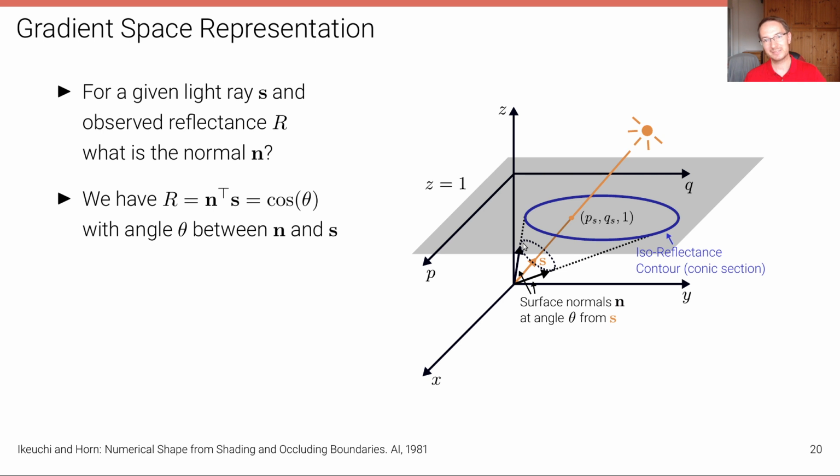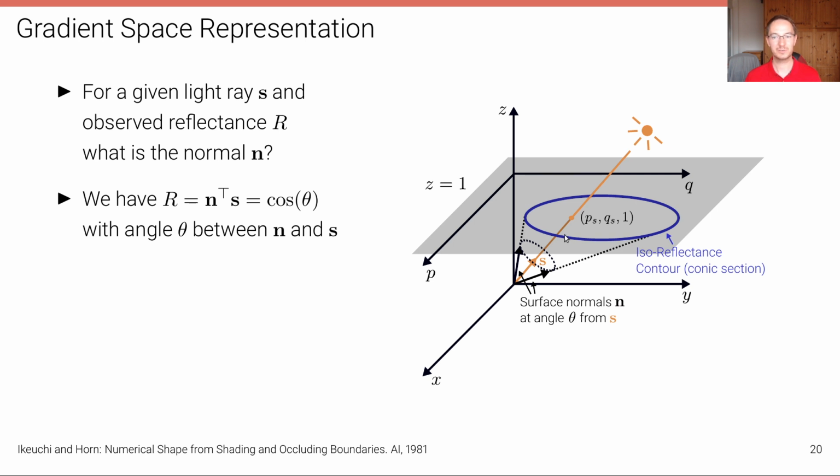And now we are extending this cone like we did with the normal before, but we're extending it now for all possible normals. So we're extending the entire cone to intersect with the PQ gradient space. This is what I've drawn here in purple. We can see that the space of solutions where the reflectance is taking a particular value is a so-called isoreflectance contour, because it's the same value everywhere.